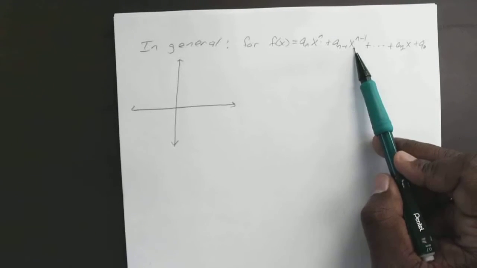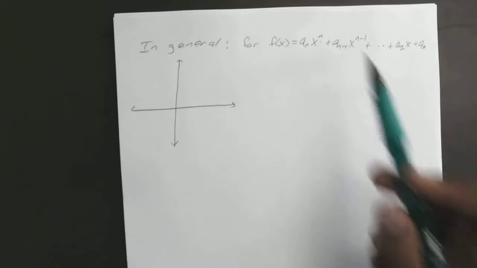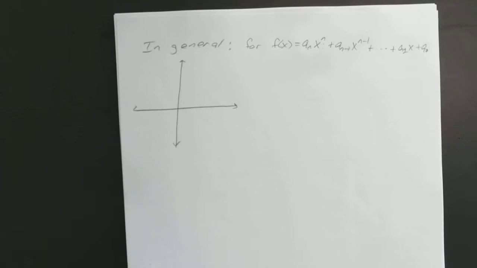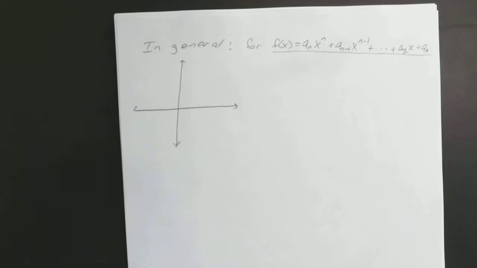Like I said, that could be 3x to the 5th minus 4x to the 4th minus 3x to the 3rd minus 8. It could be anything at all. So these are just numbers, and the x's are just x's raised to whatever power. So that's just a very generalized way of looking at it.